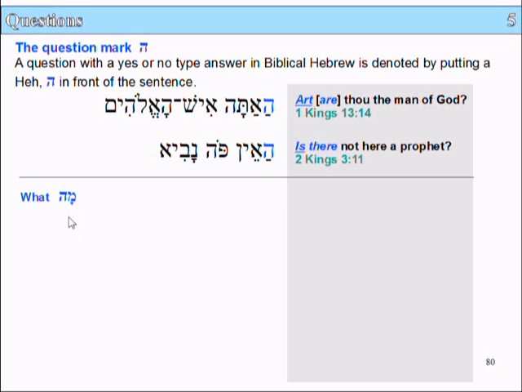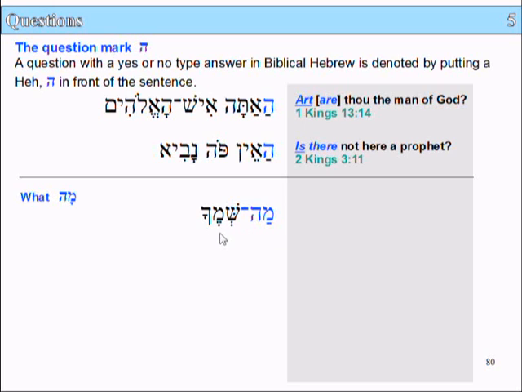The next question is using the word in Hebrew for what, which is ma, mem, hey, ma, which denotes what. So, ma shemecha means what is your name.